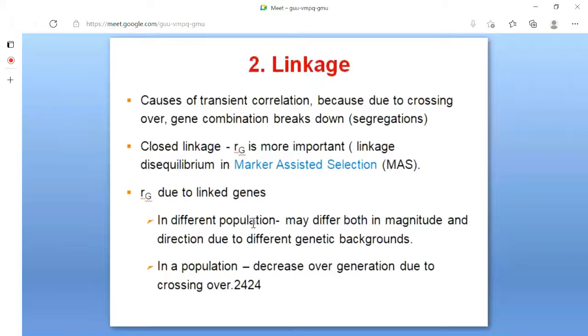Hybrid vigor means that hybrids, the heterozygotes, their performance or expression is in most cases better than that of the homozygotes. Say this heterozygote A1A2 is better than your A1A1 or A2A2.